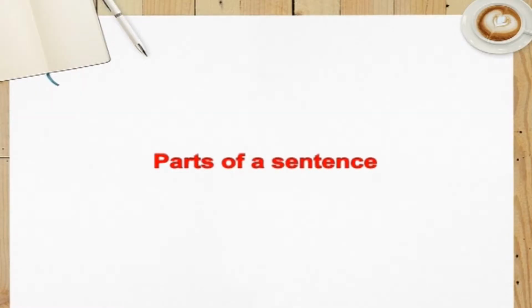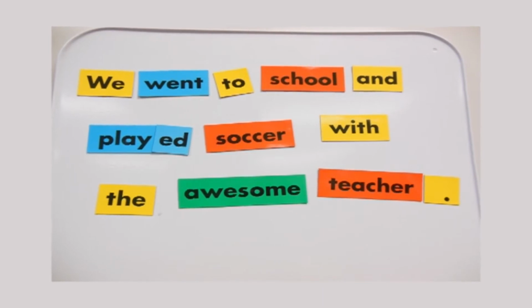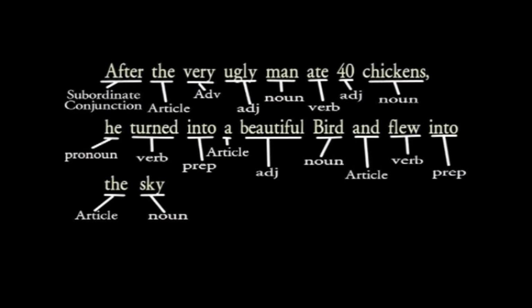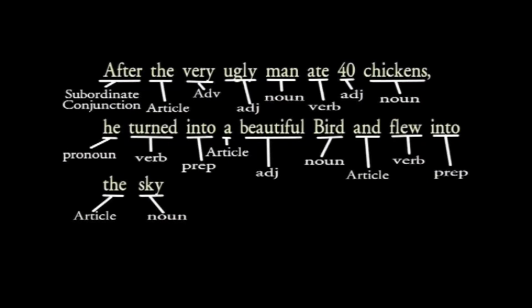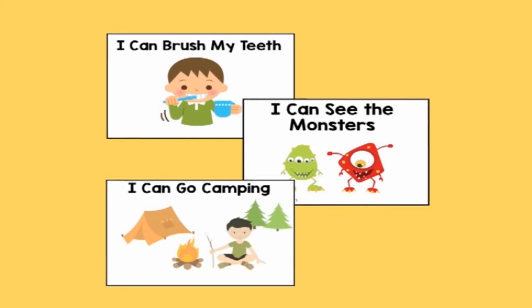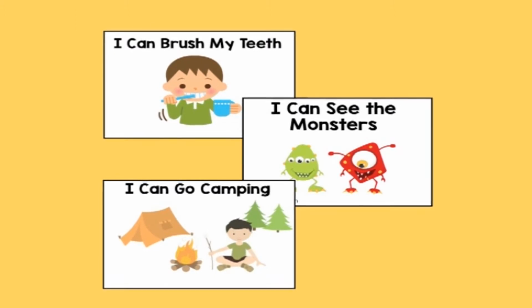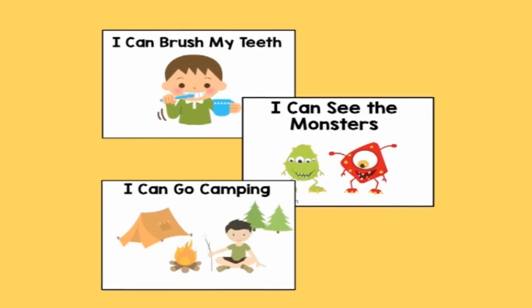Parts of a sentence. To learn the structure of a sentence, we must first learn the various parts of the sentence. As I have already mentioned earlier, a sentence should introduce a subject, deal with the subject, and conclude. Every word in a sentence serves a specific purpose within the structure of that particular sentence.